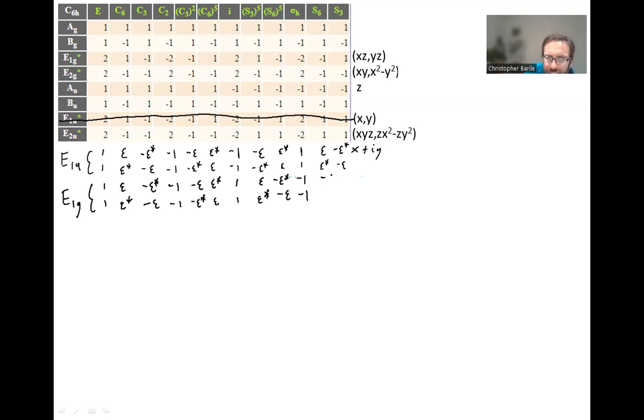So -1s here, negative epsilon, negative of the complex conjugate of epsilon, positive complex conjugate of epsilon and epsilon. And so that is going to work pretty nicely. So then we can cross out E1G. We derived this. And you can check if you add these together, right? Here you got a 2, and previously we had a 2. And here we had a -1 plus -1, we got a -2. You could do it with the complex conjugate ones as well, and that would all work.